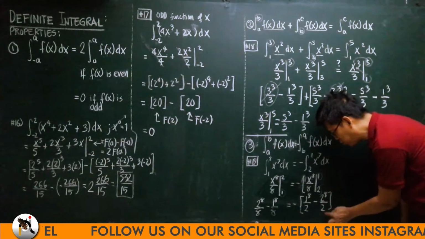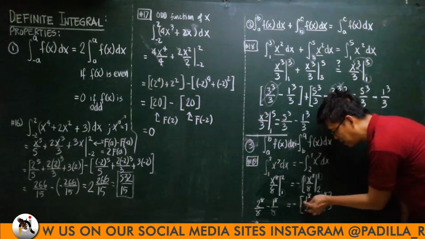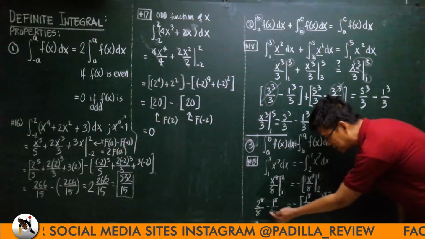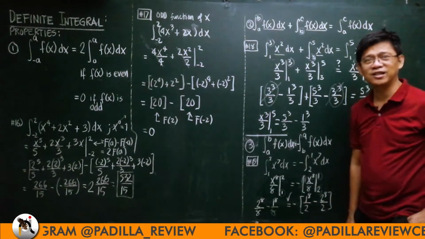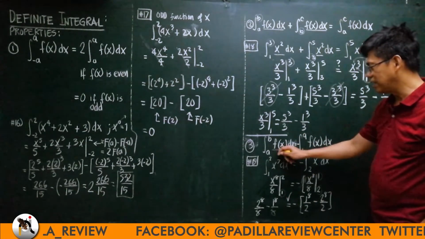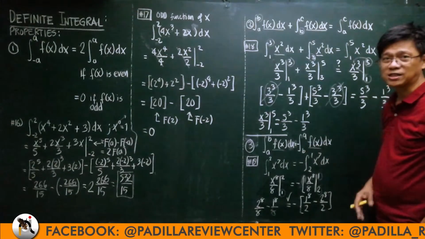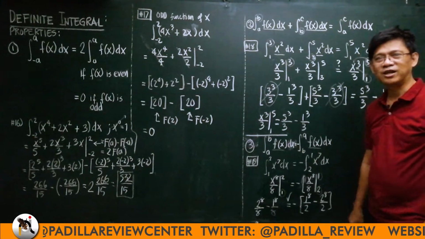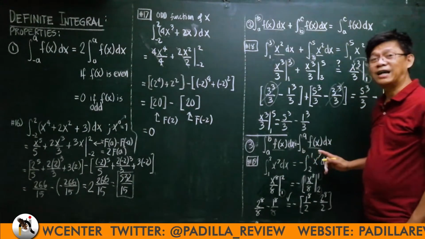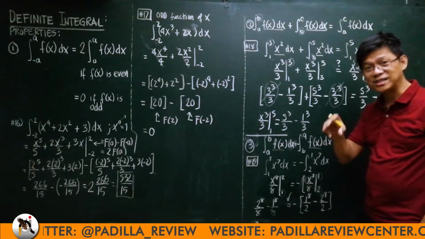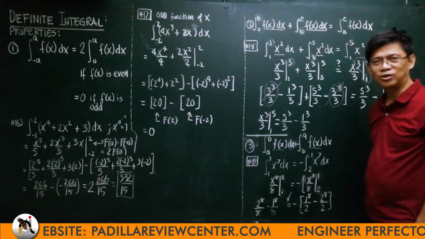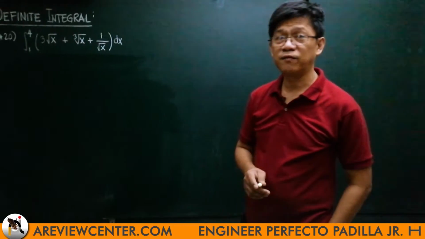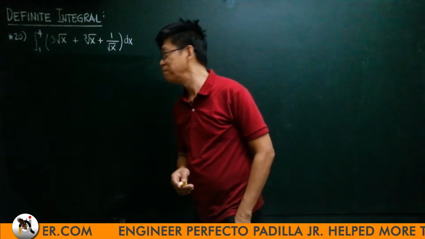So you'll get 2 to the 8 over 8, and the negative of 1 over 8 is negative. So they are indeed equal. You get it? This is for any function of x, odd or even. Any algebraic function, meaning x to a certain power, this is going to be true. You follow?